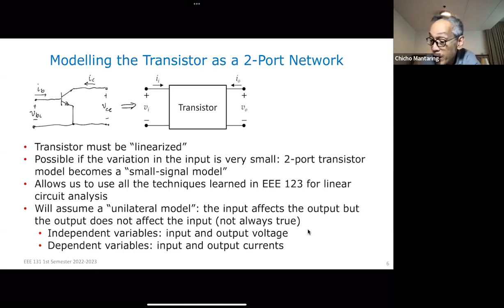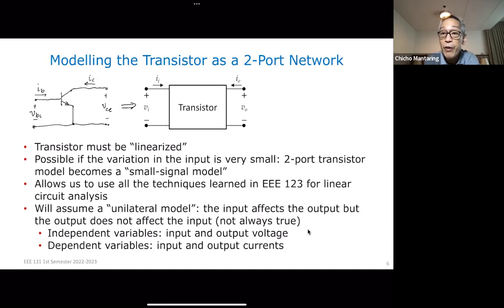If I make the changes in my input, in this particular case VBE, very small, then I can linearize this particular transistor and represent it using a two-port network. Now, if the changes in VBE are small, then we are now dealing with a small signal model.